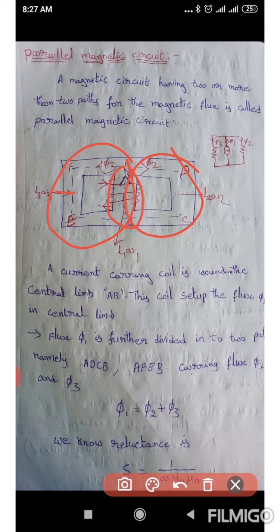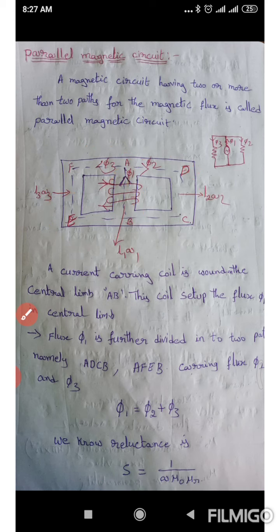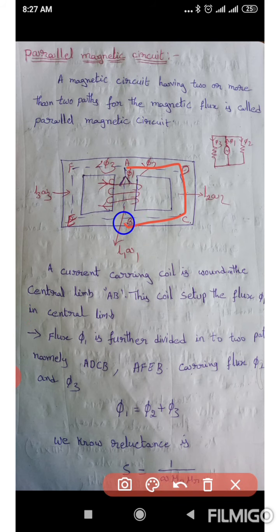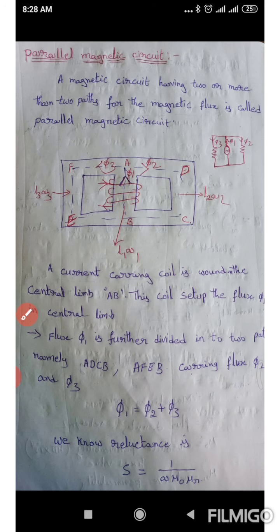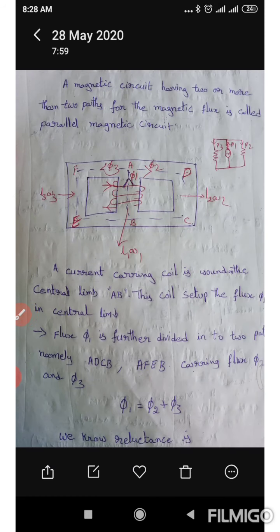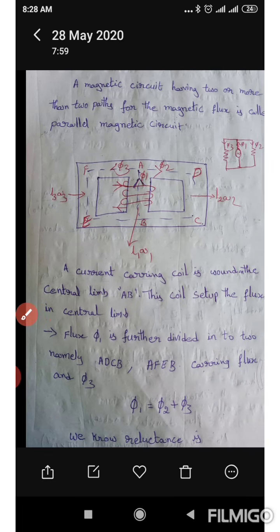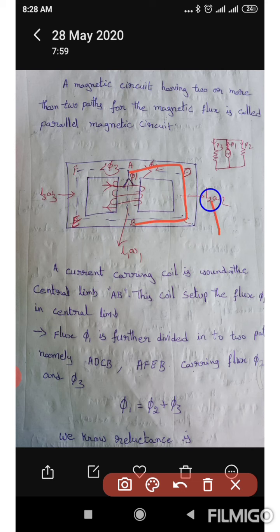AB has the cross sectional area A1, ADCBA has the cross sectional area A2, and the third path has the cross sectional area A3. We also assume different lengths: the length between A and B is L1, ADCB has the length L2, and this path has the length L3.